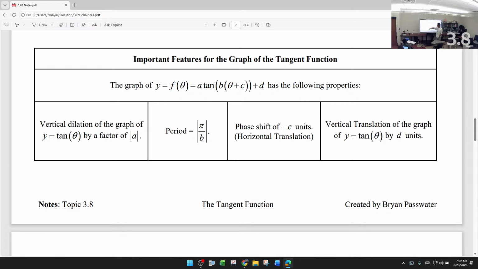Vertical dilation by a factor of A. You really can't notice vertical dilations with tangents, because if you shrink infinity, it's still infinity. If you shrink a 0, it's still 0. So vertical dilations, you really don't notice. You would notice it at 1, at pi over 4.